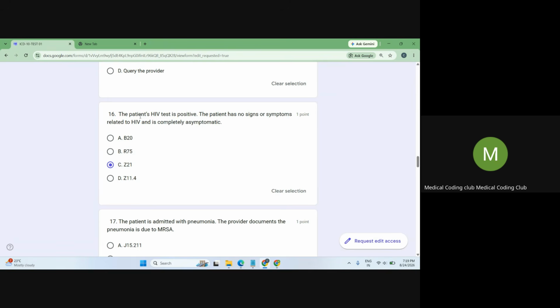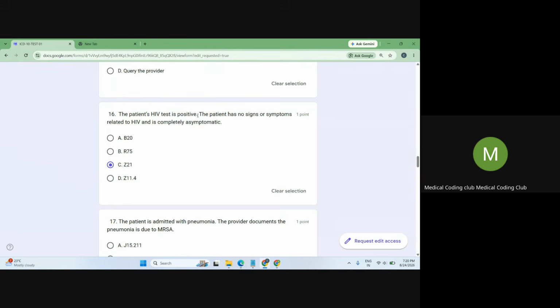If you had information that the patient tested positive for HIV and the provider also documented anything related to an HIV-related condition, or if he has said HIV disease, then which one would you have coded? B20.